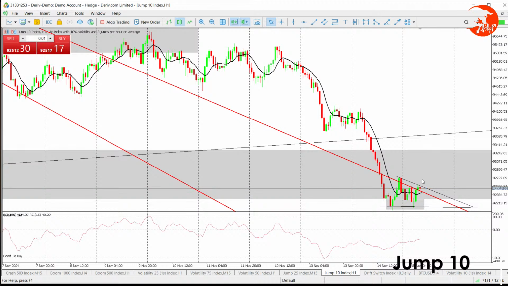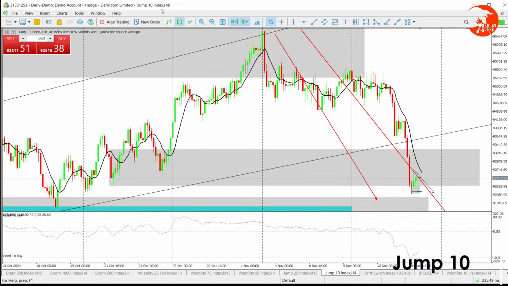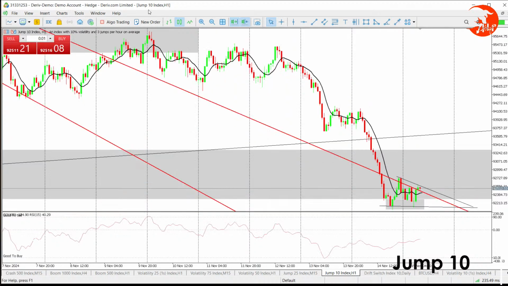So right here where we are, of course H1 confirms the buys to continue, H4 confirms the buys to continue. That means the general thing we'll be anticipating after the breakout of this descending triangle, if it is confirmed to be one, will be a breakout to the buys, and you'll be looking at your first TP around that area there.